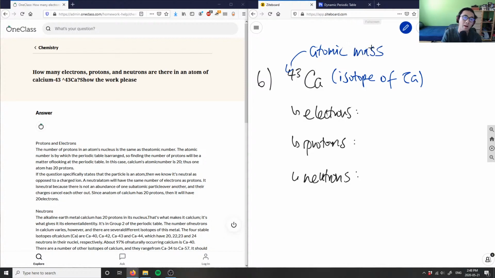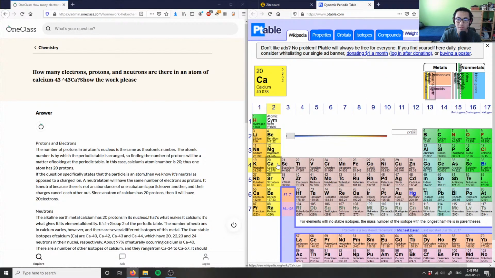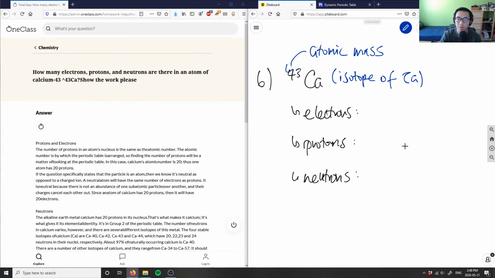Recall that isotopes are simply the same element, they have the same protons, but a different amount of neutrons, which affect the atomic mass. So if I look at calcium here, the atomic number is 20, which means the protons is 20 still. So I have 20 protons here. And I don't have a charge here, which means I'm going to have 20 electrons as well, right?